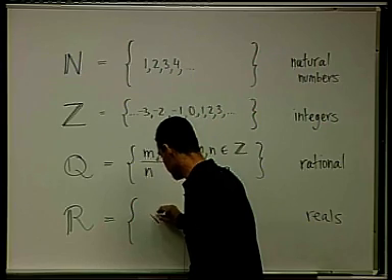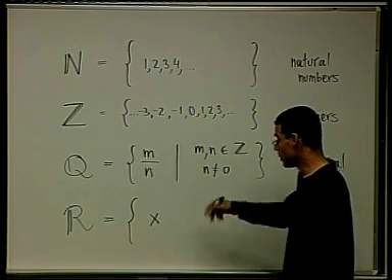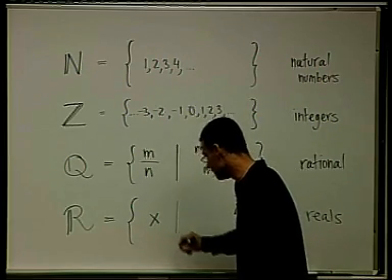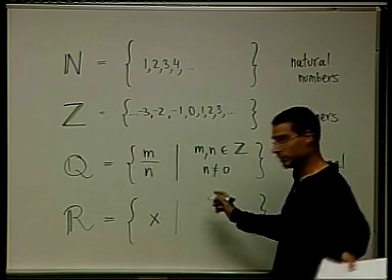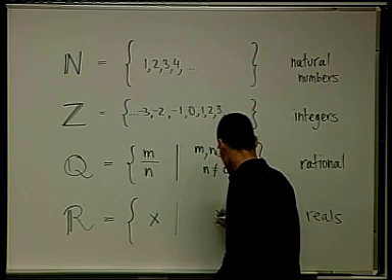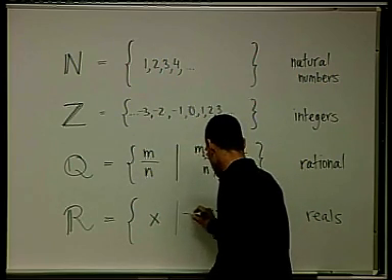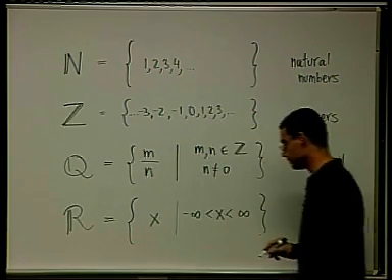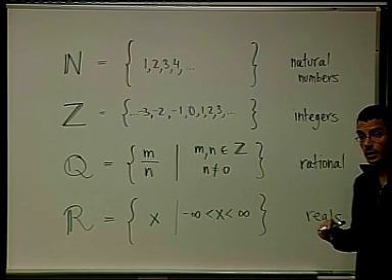Defining them precisely is beyond the scope of this course. Okay? So it's all the numbers x on the real line. So all the numbers x such that x is between negative infinity and infinity. Okay? The entire real line.